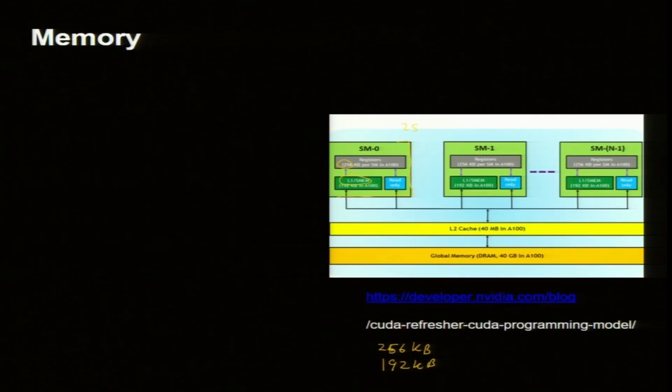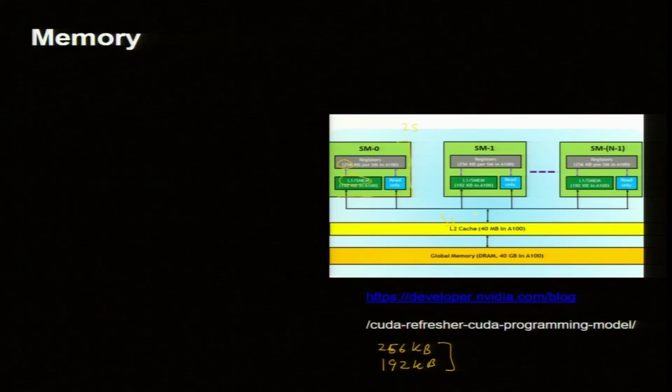They can divide it among themselves, or the system will choose appropriately. So, every SM has this amount of register and cache and shared memory. If your data is inside the SM, then it is fast. If your data is outside the SM, it will be slower.